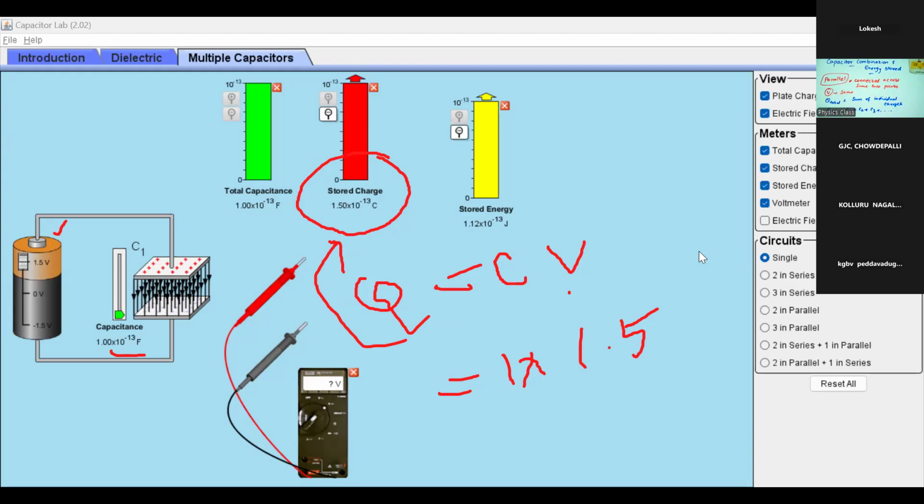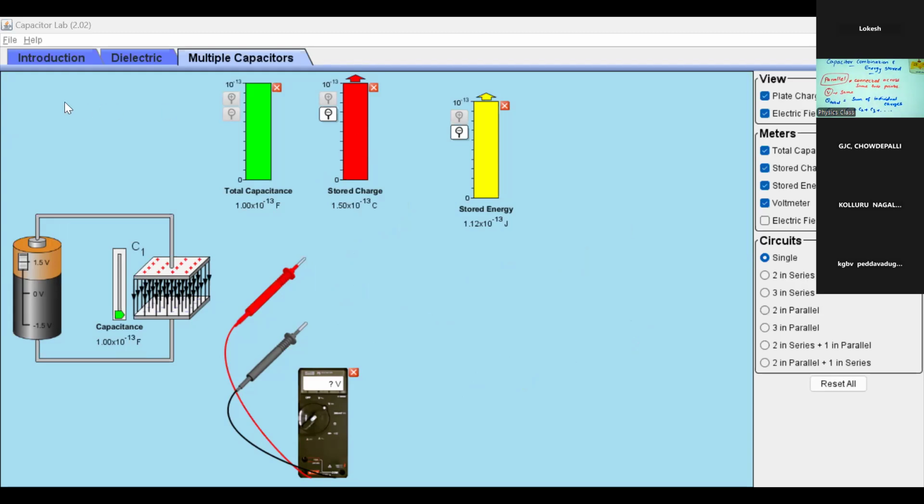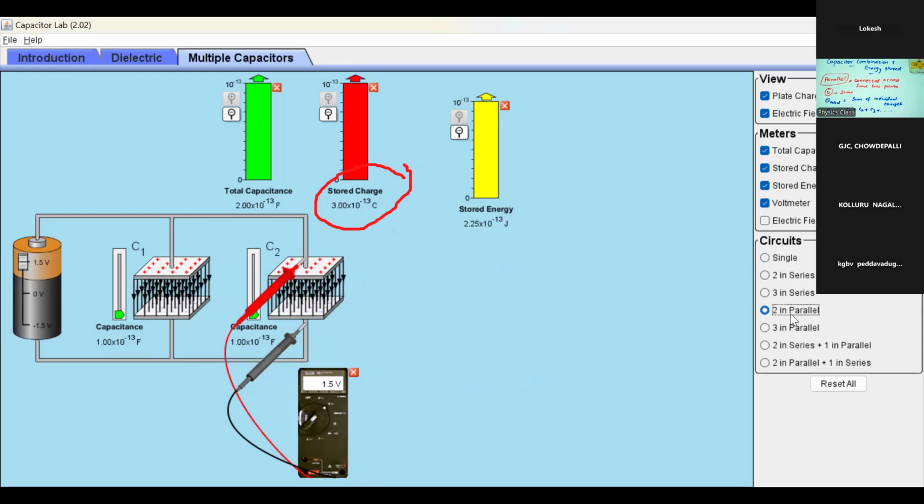For the two in parallel, just note down the stored charge. Now I will add another capacitor in the parallel connection. Just look at that stored charge. Yes, here 3, because 1.5 plus 1.5. Q1 plus Q2, already I told that.